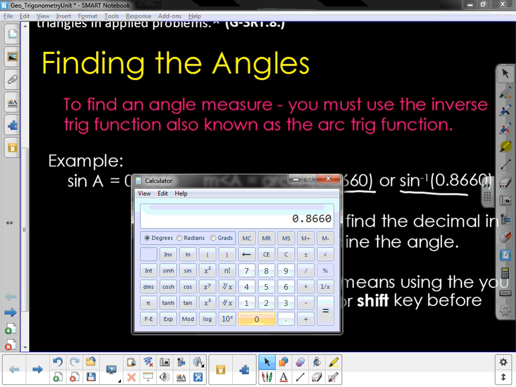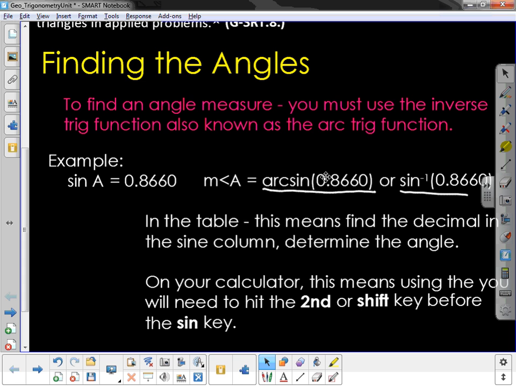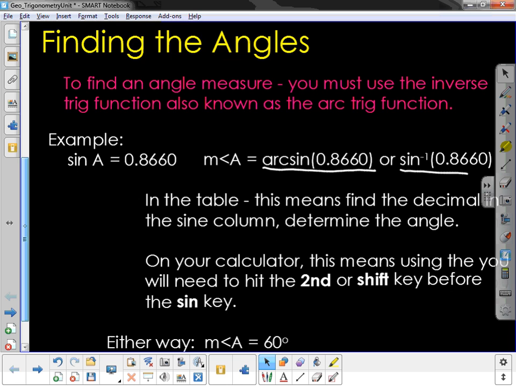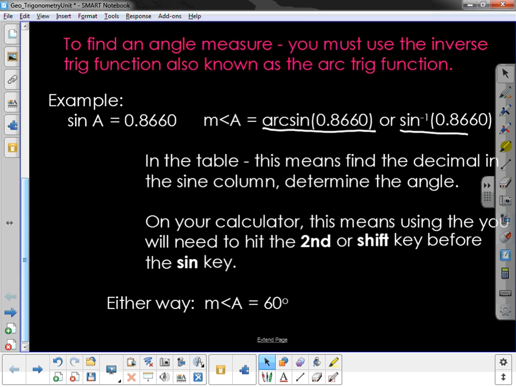Then I would do the inverse or the arc sine, so I have to hit shift or second. In this case, it's the INV, and I notice I have a sine to the negative 1 value there, and it gets me 59.99708. It goes on quite a ways. So I would say my angle is 60 degrees, rounded to the nearest tenth. And that's the way I would find the angle.